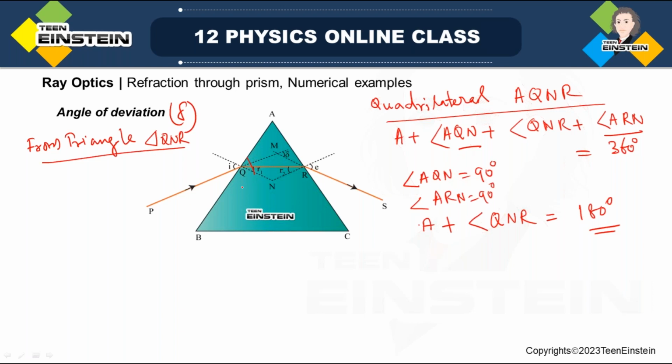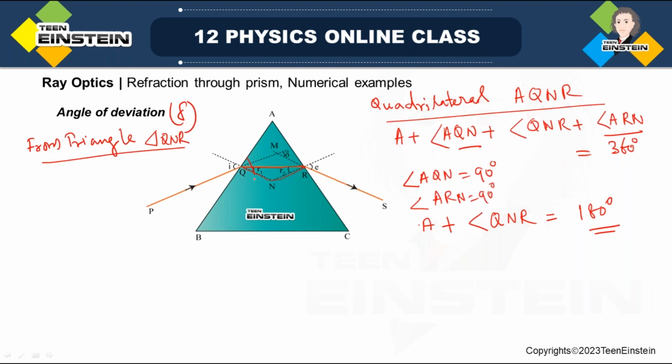We have to see one more triangle. Let me write this QNR itself. Yes, QNR. This one is the triangle.